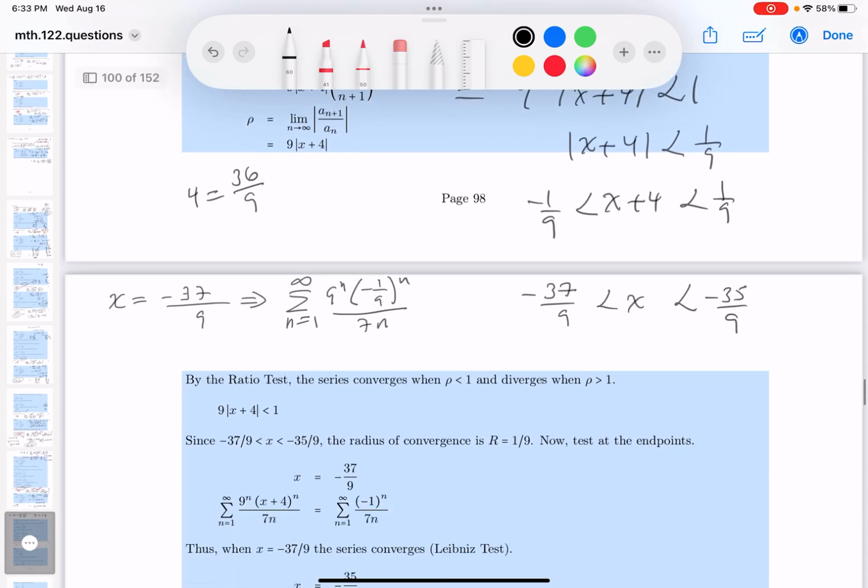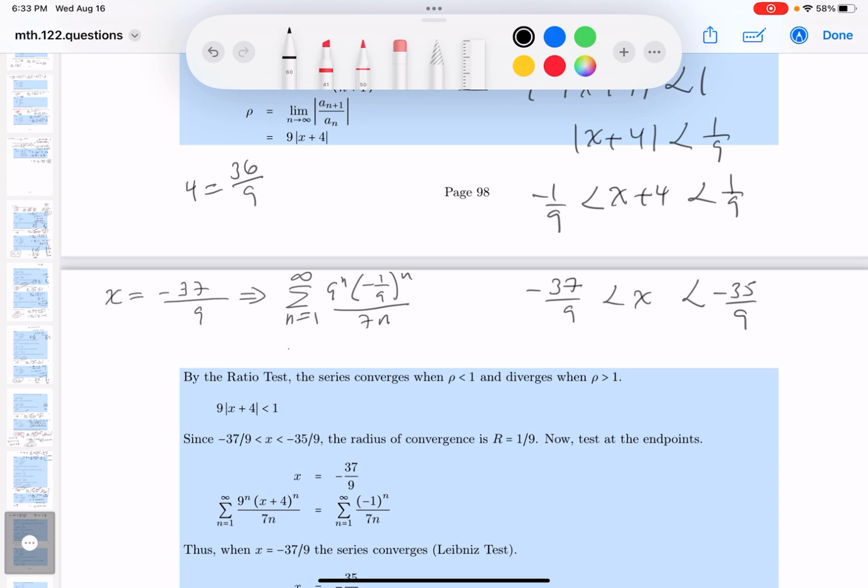To emphasize this, I should simplify it a little bit: the sum from n equals 1 to infinity of minus 1 to the n over 7n. This is convergent, by the alternating series test if you want. I'll include it. So we're including minus 37/9.